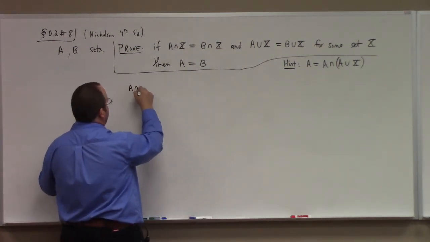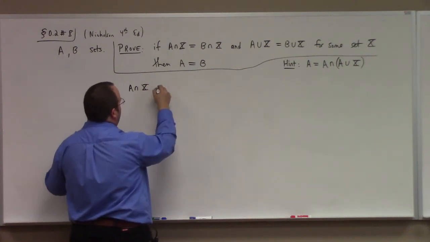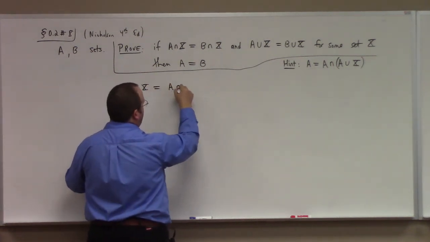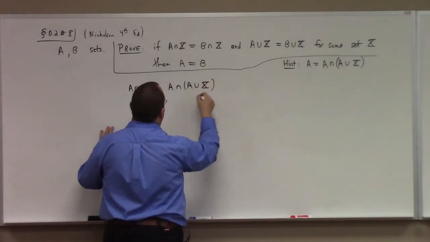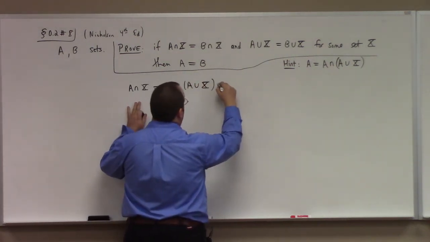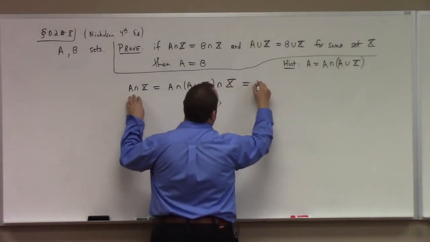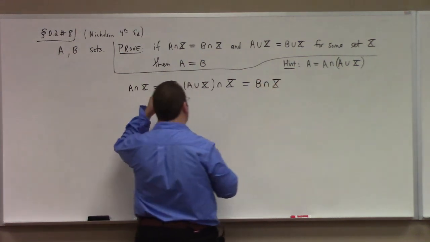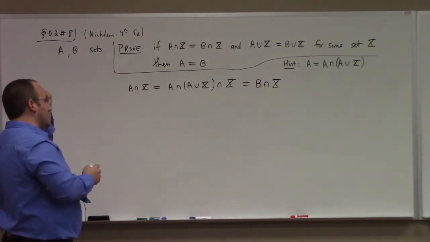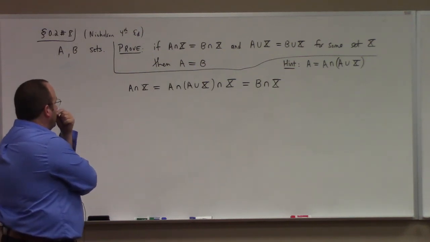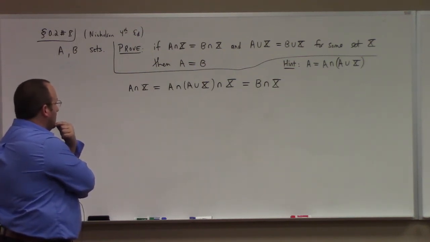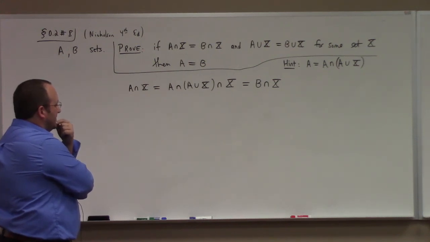So A intersect X, like you said, we'll replace, that's equal to A intersect A union X, right, intersect X. And that itself is equal to B intersect X, right? But we know A union X is B union X, in the middle.